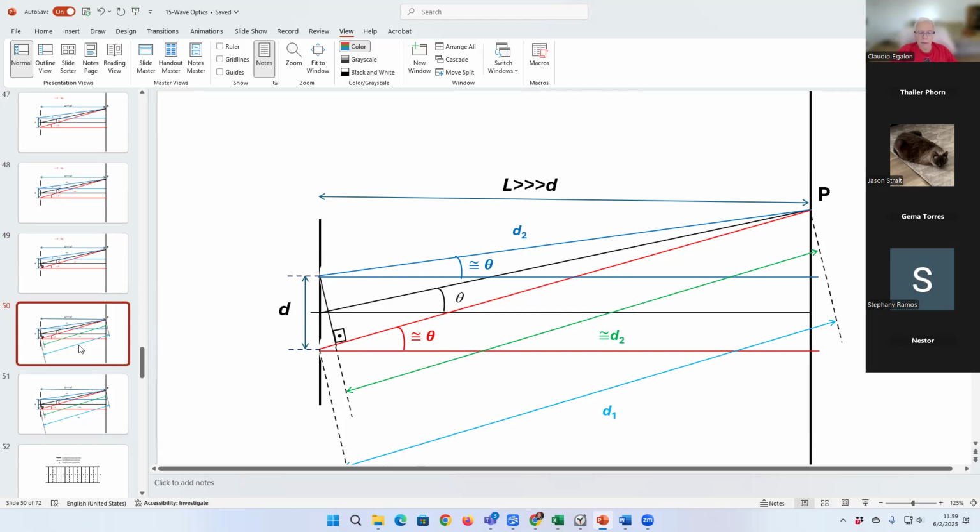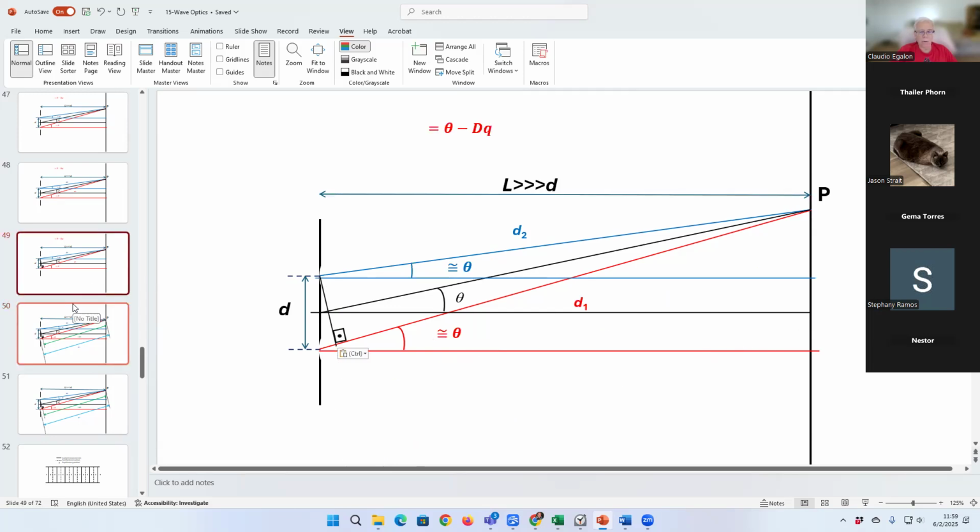And now what I'm going to do, I'm gonna say that this length that you see right in here between this lower slit and the point of intersection of my right angle triangle is very small compared to the length of this guy.